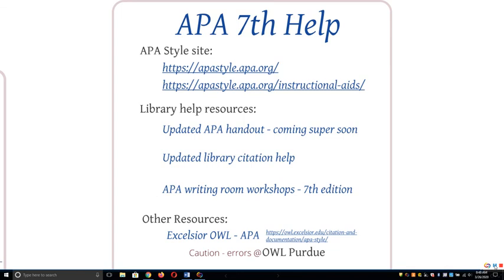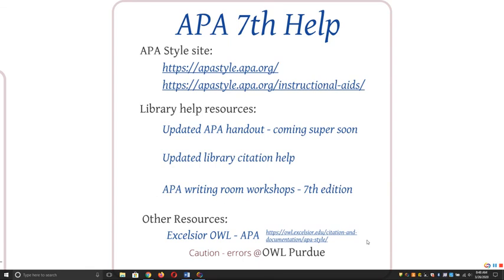They have an excellent site to help with APA documentation. And one thing I will caution you about is our old friend OWL Purdue has a significant number of errors on their site. So at this time, I cannot recommend the OWL at Purdue's website for APA 7th edition citation. But Excelsior OWL does have some really excellent resources.